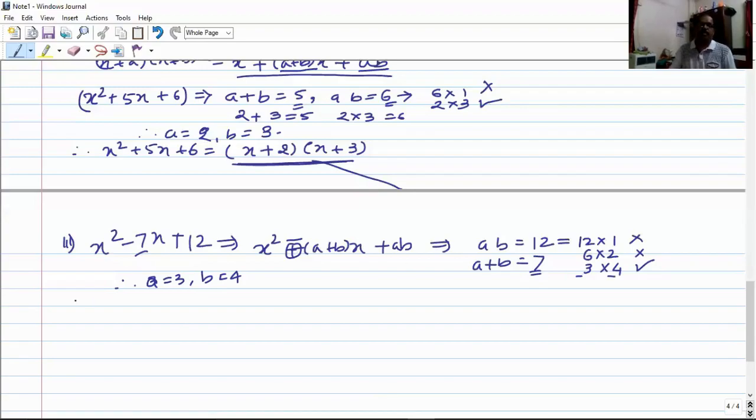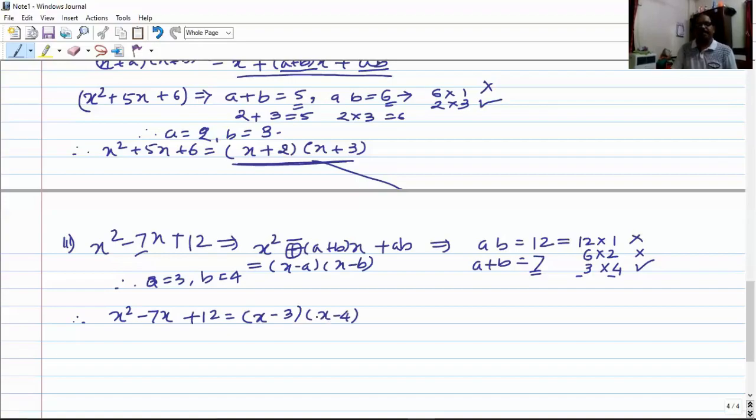So student, I can write the factors of such type of expression as x minus a and x minus b, right? So using this I can write the factors of the given expression as x square minus 7x plus 12 is equal to (x minus 3) and (x minus 4).